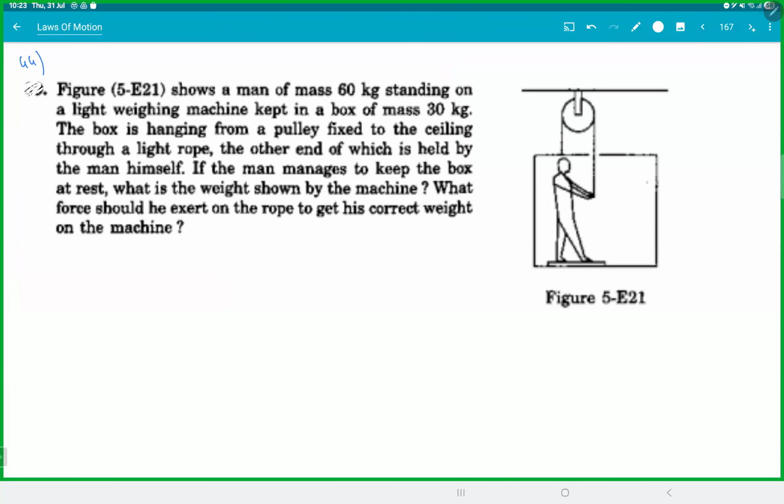So we have a box, and inside that you're standing. Inside there is a weighing machine. On the box there is a hole. The string is connected to the box, goes through the hole, and you're catching it inside. And you're standing on the weighing machine.